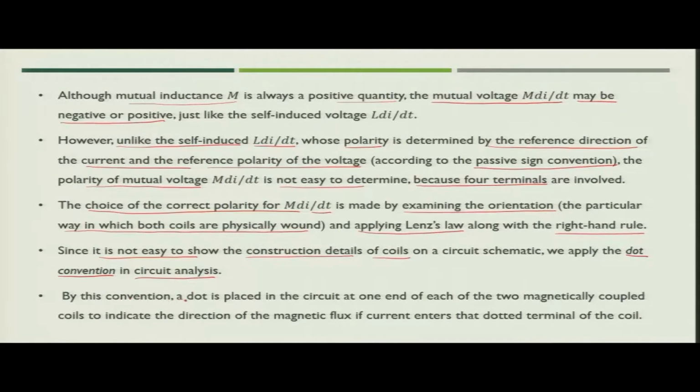By this convention, a dot is placed in the circuit at one end of each of the 2 magnetically coupled coils to indicate the direction of the magnetic flux if current enters that dotted terminal of the coil. So, we show how the mutual voltage would be oriented when the current enters the dotted terminal of the coil.